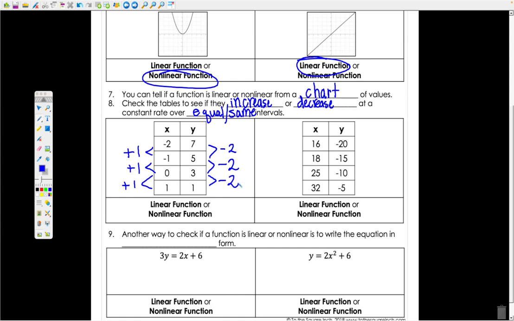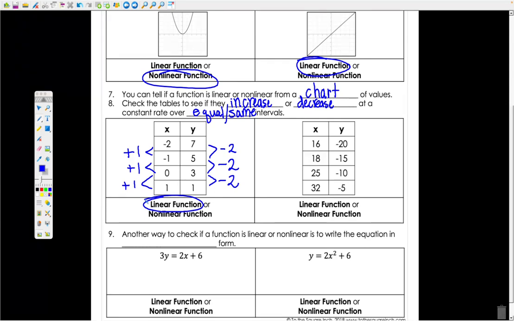Constant rate of change being a linear function. Does that make sense? Okay. This should be pretty simple to look at, because this is just pretty much what's on the quiz, what we did last time. And then this part here, where you're having to look at a chart or a graph and tell me if it's linear or nonlinear. And then you also have to look at an equation to see that as well, but that's pretty easy, I think. So now look at the next one.